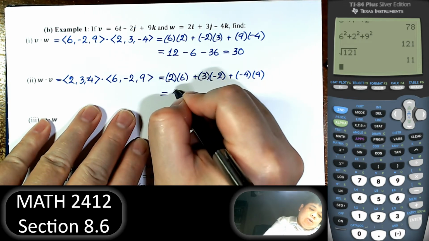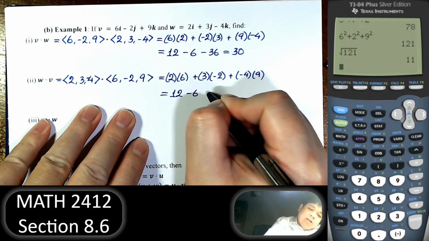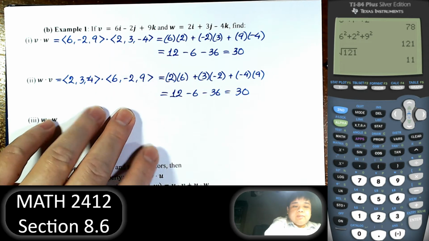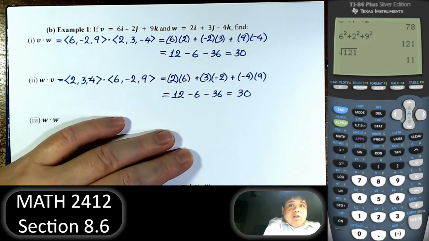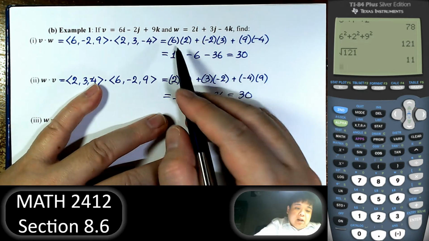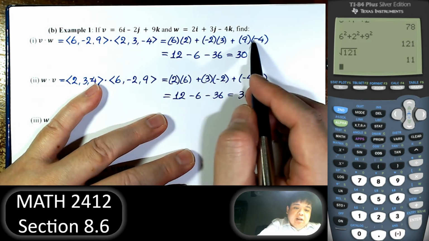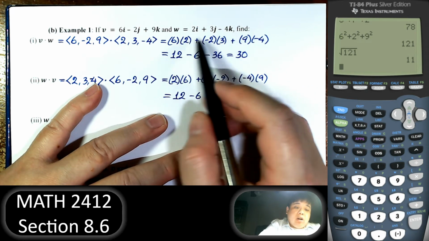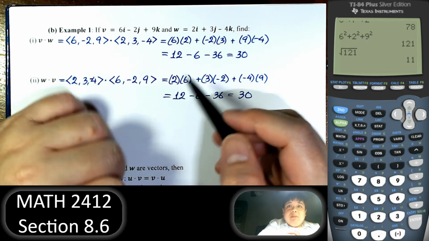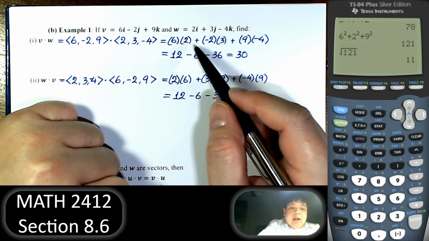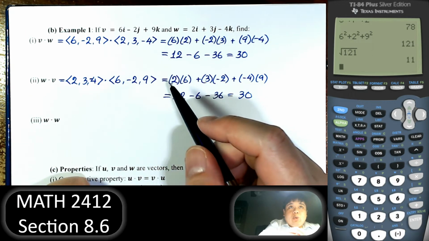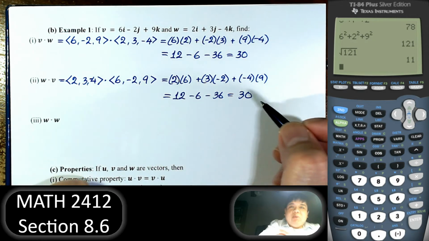So once again, we have 12 minus 6 minus 36, which is also the same result. As you see, because of the way we define the dot product, we can interchange these. It is the product of corresponding components, and then we add them. All of the multiplication and addition are commutative, so the dot product is also commutative. So that's what we have.